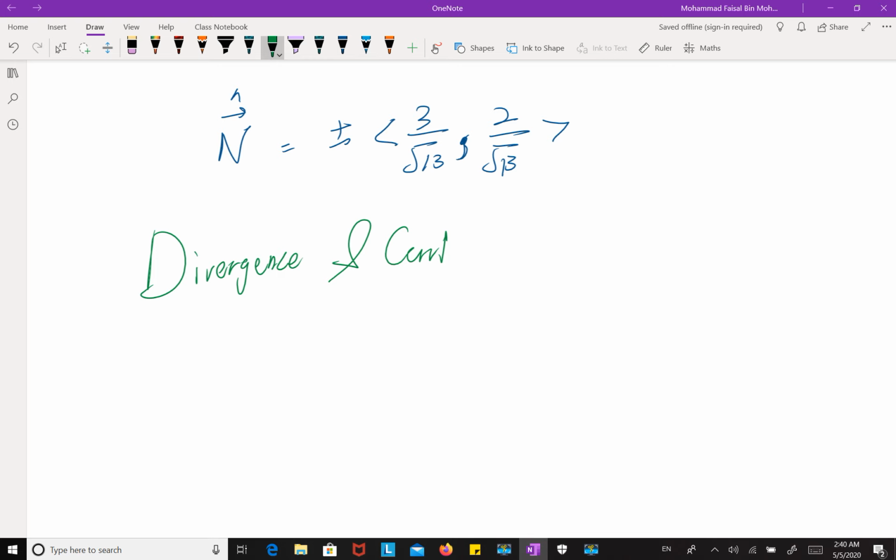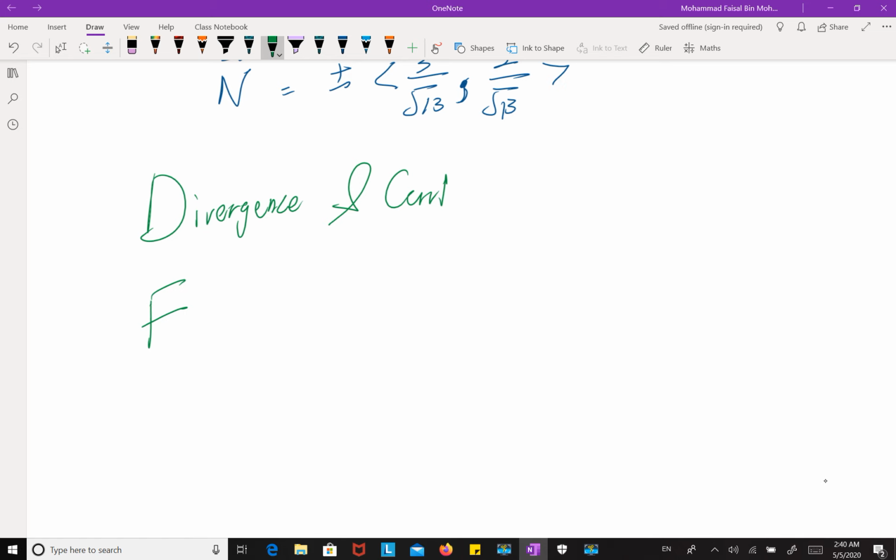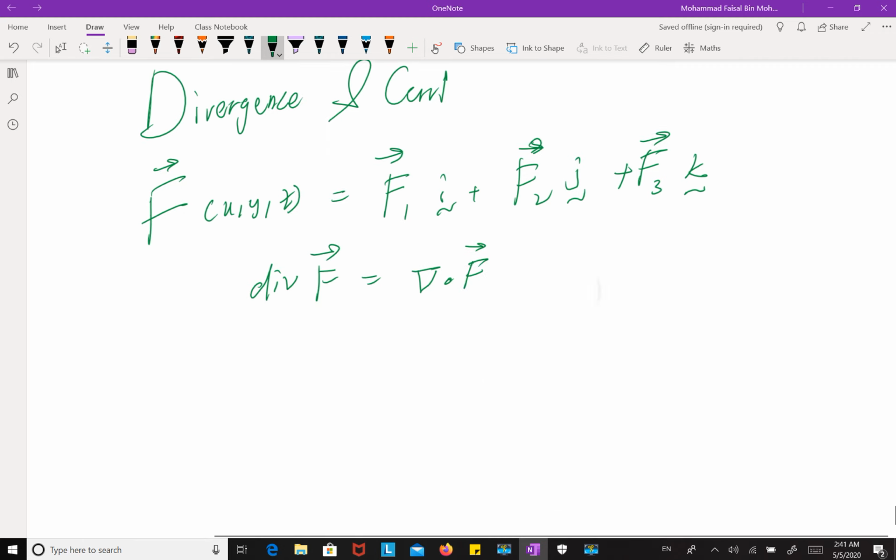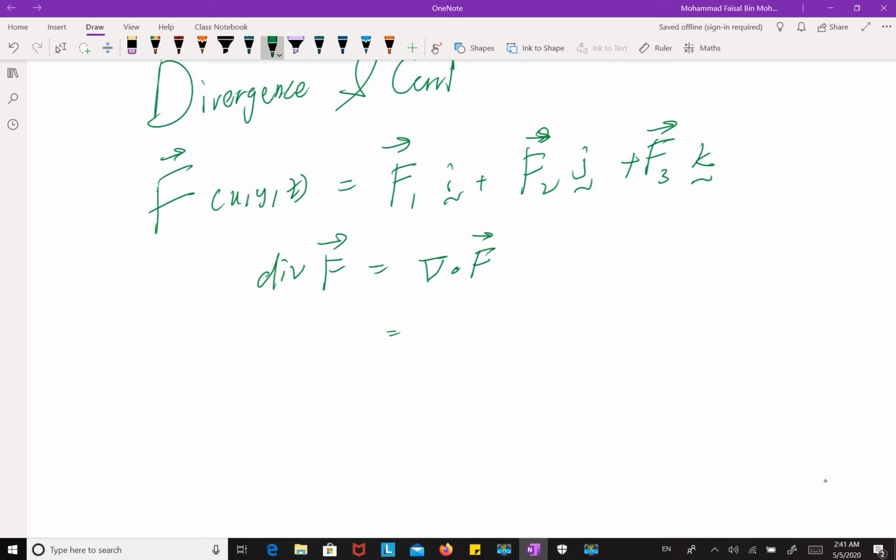The divergence of a vector field F, let's say F vector defined as F1(x, y, z) i plus F2 j plus F3 k, is defined as div F, or in maths we write it as nabla dot F. So nabla is del, del over del x, del over del y, del over del z, dot with F1, F2, F3.